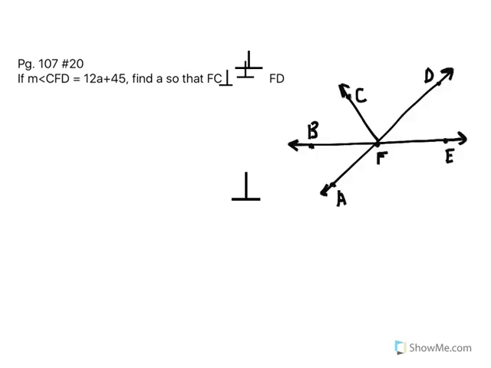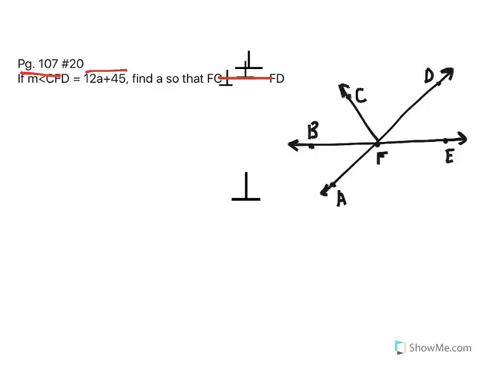So we know the measure of angle CFD is this, and we need to make it so that FC and FD is perpendicular. So the first piece of information that we receive is that the measure of angle CFD is equal to 12A plus 45.